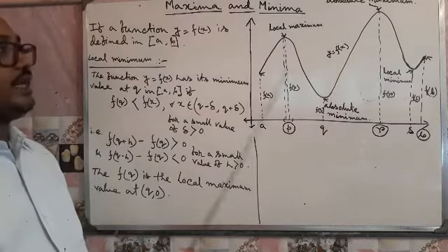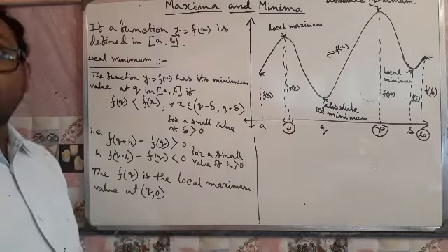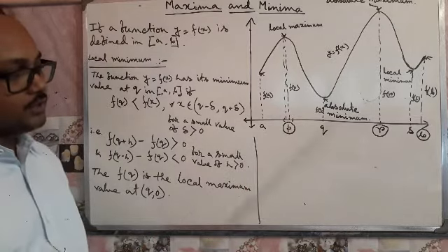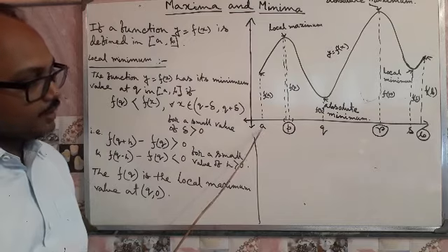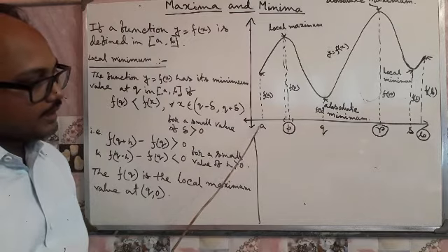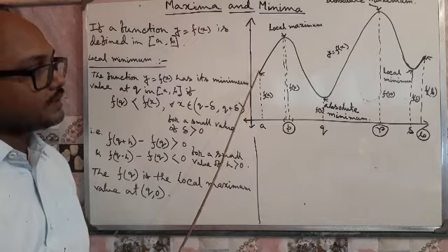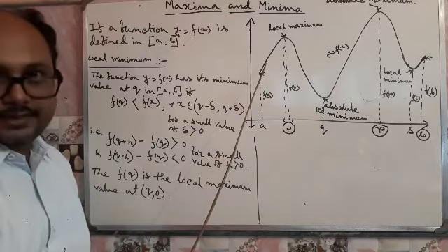Similarly, the function y equal to f of x attains its minimum value at the points you see. Again, if we take this point A, in the neighborhood of A there exists no left hand side, only the right hand side.